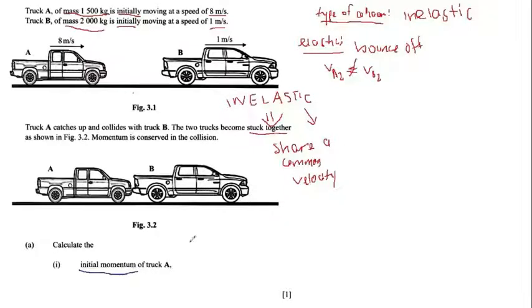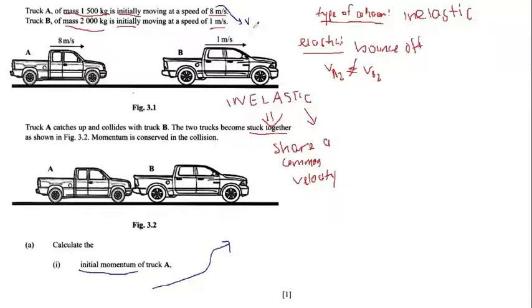All right, so the first thing they asked us is to calculate the initial momentum of truck A. Initially we're told that truck A is moving at a speed of 8 meters per second.